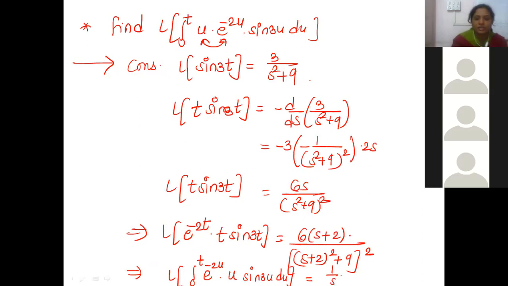On this you should divide by s, so all things remain as they are, with only 1 upon s multiplied to that. That is the final answer. If you want, you can finally replace it, but no need to do so. Done.